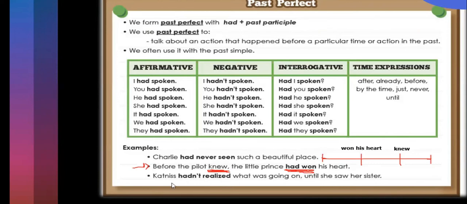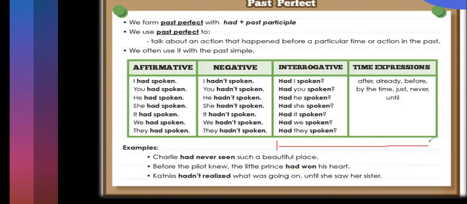Then number 3 says Katniss hadn't realized what was going on until she saw her sister. So once again, we have the timeline. We have two actions. We have one in negative. Sometimes negative is kind of confusing because it's an action that didn't happen. So Katniss realized what was going on. Well, hadn't realized. And then saw her sister.